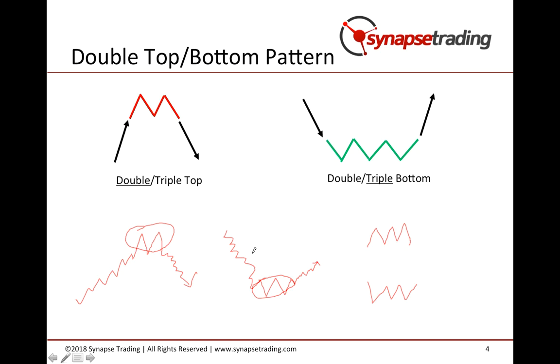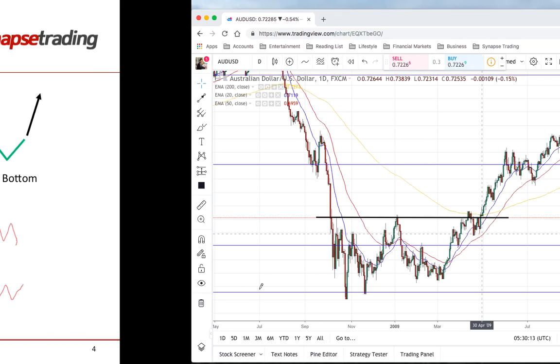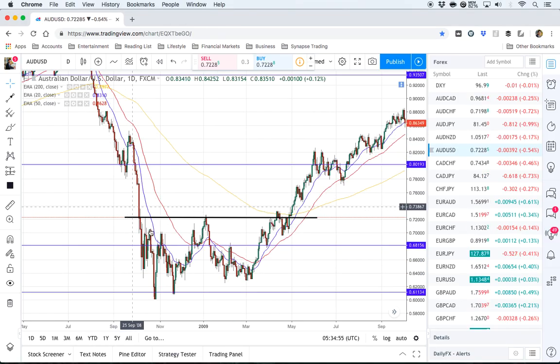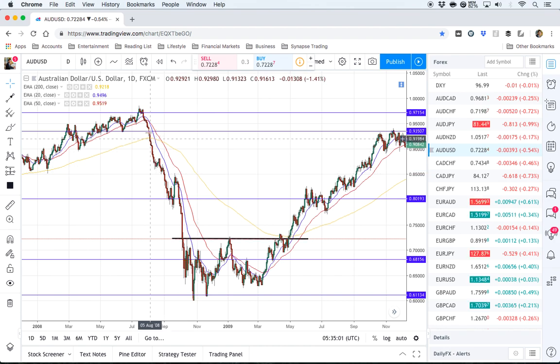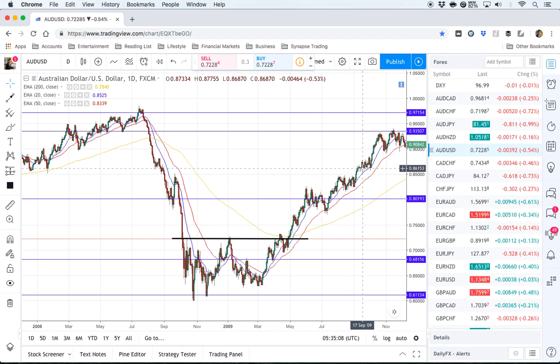But I'd say the more common variation is the double top and the double bottom. Just to get a quick look, this is how a double bottom looks. On the bigger picture, you can see that it leads to a reversal of a downtrend to an uptrend, whereas a double top will reverse an uptrend to a downtrend.